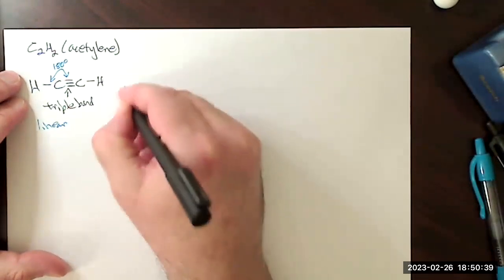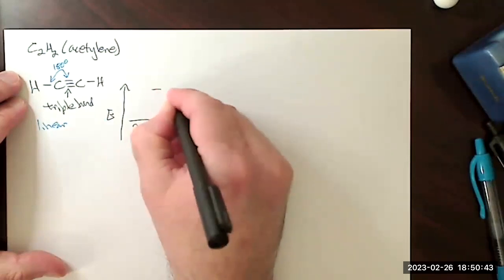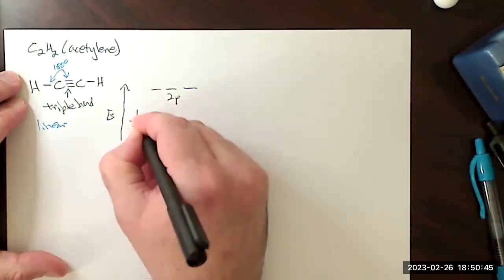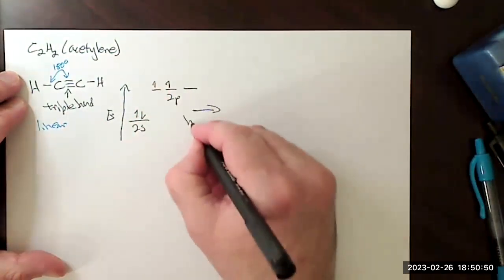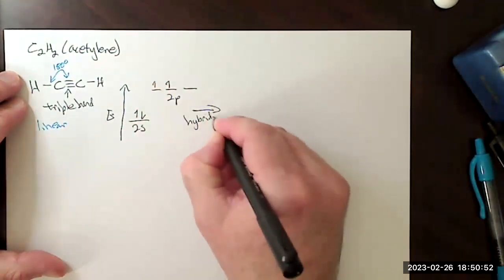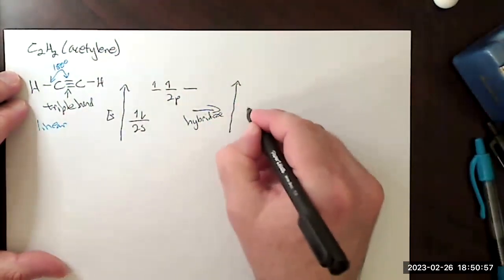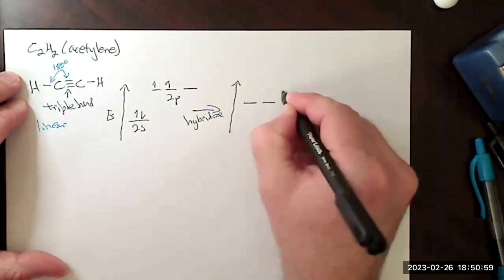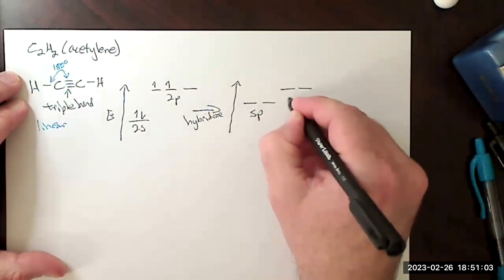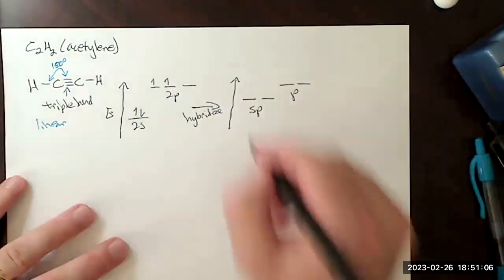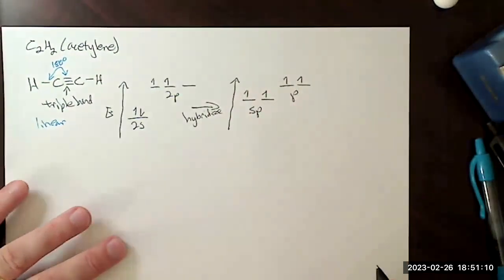And in this case, we're going to take our 2s and our 2p orbitals and hybridize. And we will get sp orbitals, and then we'll have leftover p orbitals, and we'll have one electron in each of those.